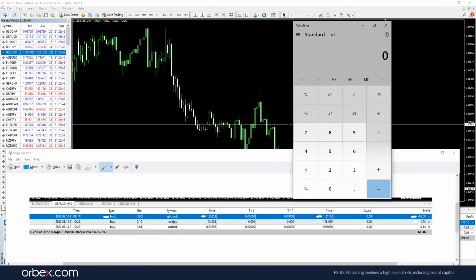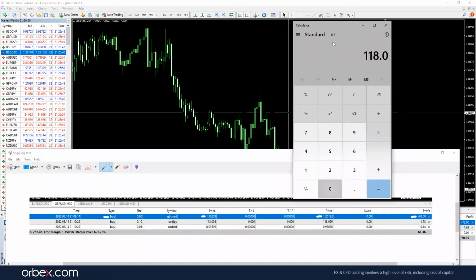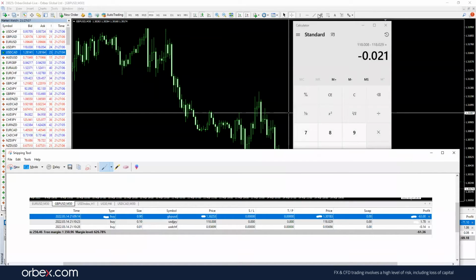So let's go to the other example there. So we've got dollar yen, for example. So 118.08 and then minus 118.029. So again, because I'm in a buy position, I know that this is higher than this because I'm in a profit at the moment.